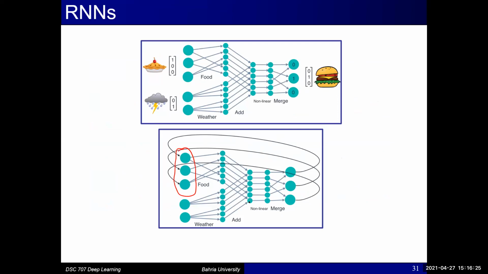Food is what you are feeding back, not weather. Weather has a new value for every day, but for food, you need information from t minus 1. So the loop you see here carries information from the previous day, and the weather is coming from today. This means there is a delay of 1 timestamp.